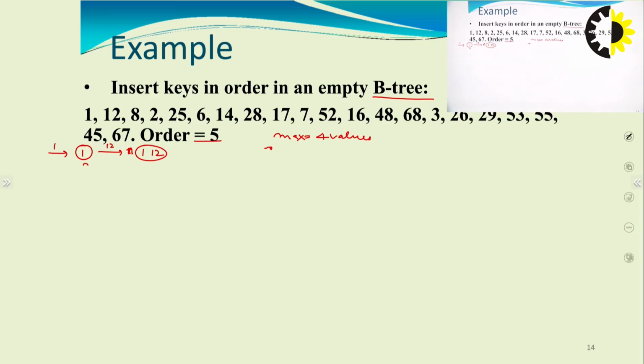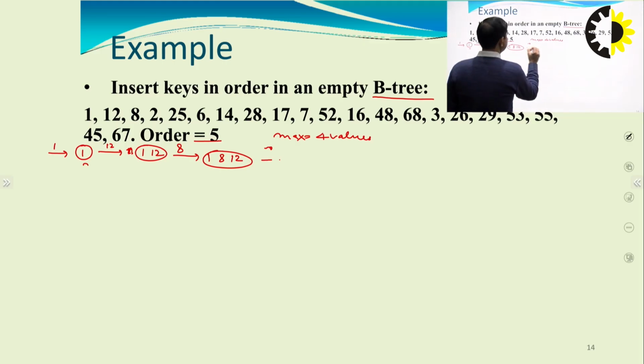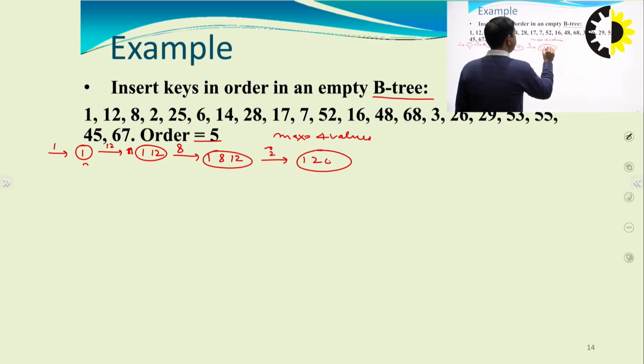Because according to the given order a maximum of 4 values are allowed, after that we will insert 8. Because we have to put it in sorted form, it will be 1, 8 and 12. Then after that, we have to insert 2. Then it will be 1, 2, 8 and 12.